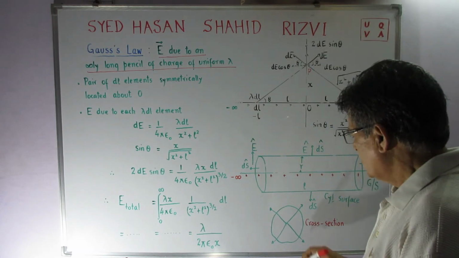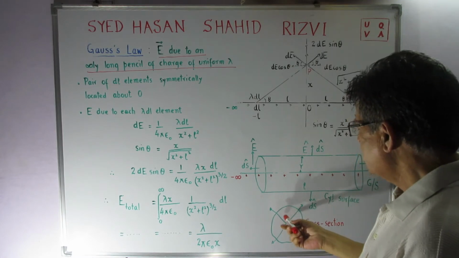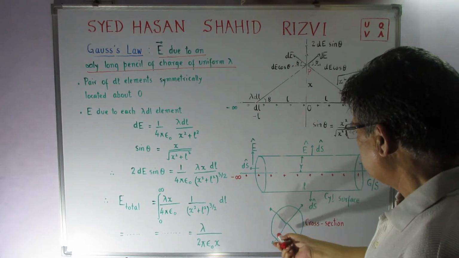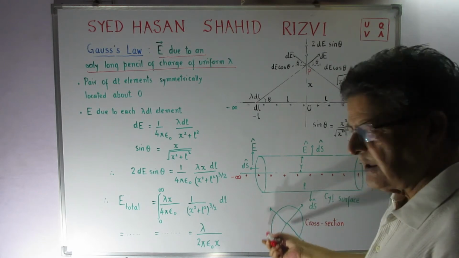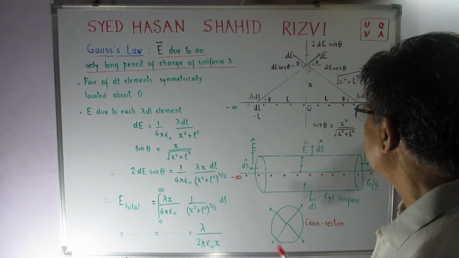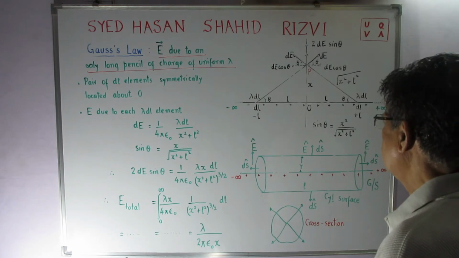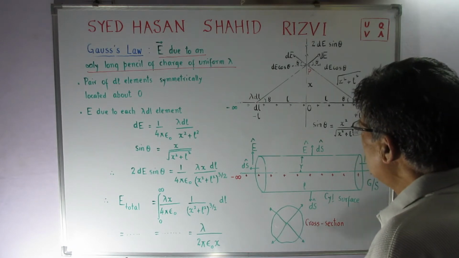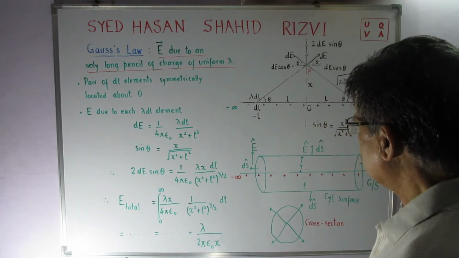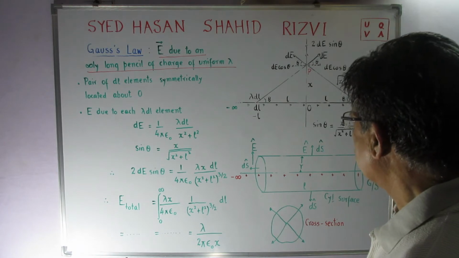So you can think that this is the pencil of the charges, and this is the distance x from there, and we are trying to find out what is the electric field on the circumference of this. No problem, that we can take as also equal to r, small r. Just to distinguish, I have taken the value x.